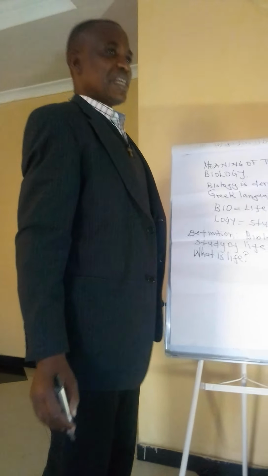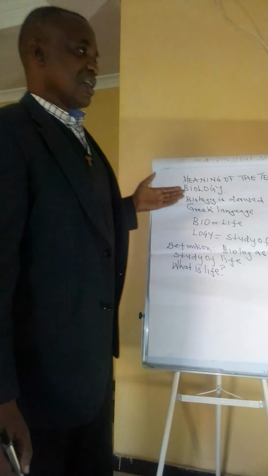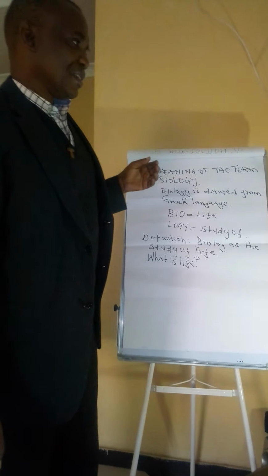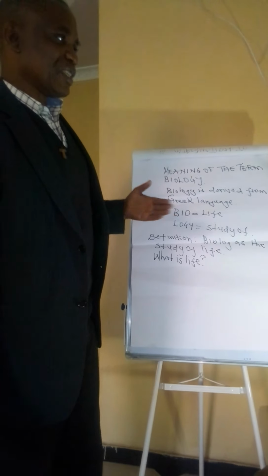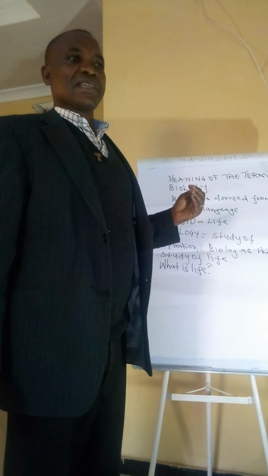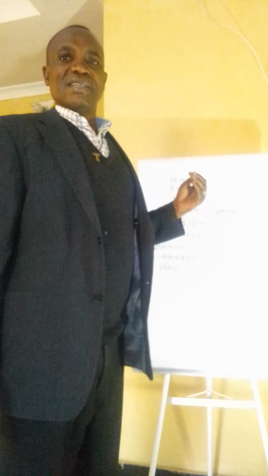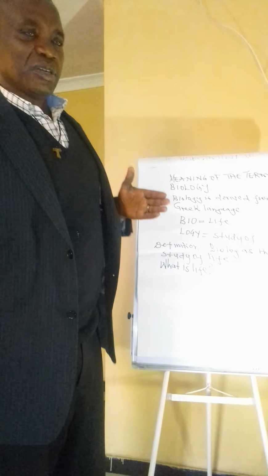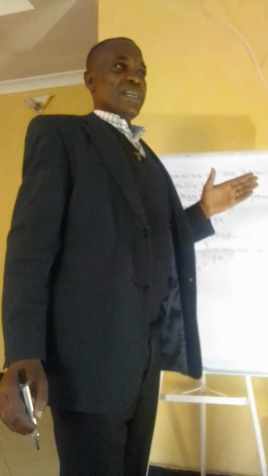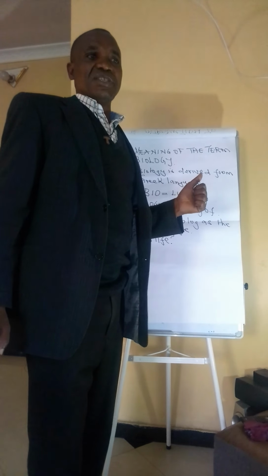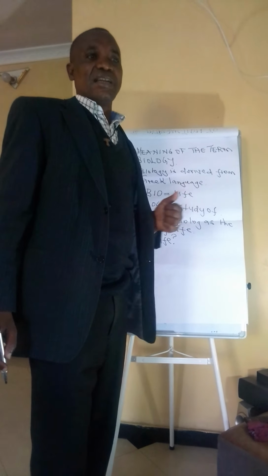In describing the word life, it's a bit philosophical. Sometimes in biology we tend to describe life in terms of the characteristics of life. How do you determine that something has life? If you see those characteristics in an organism, then you say that it is alive.